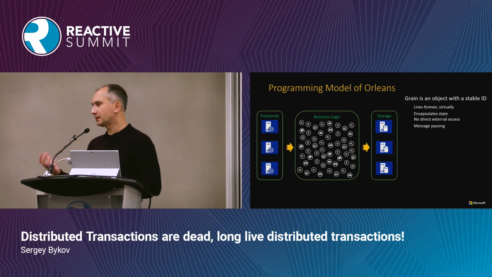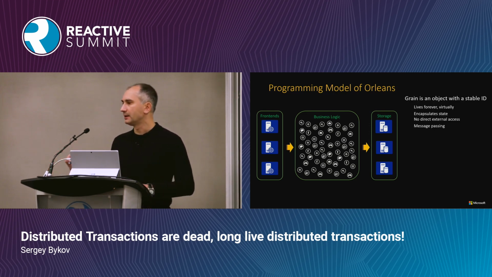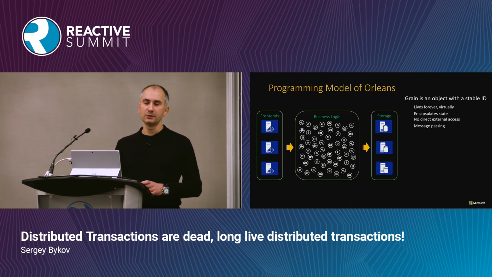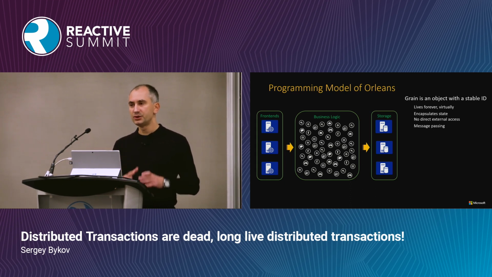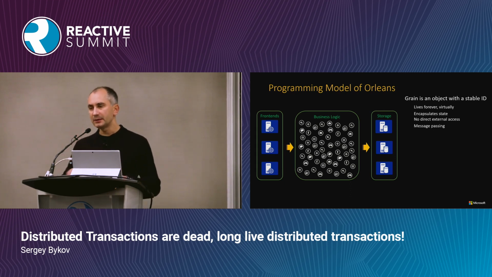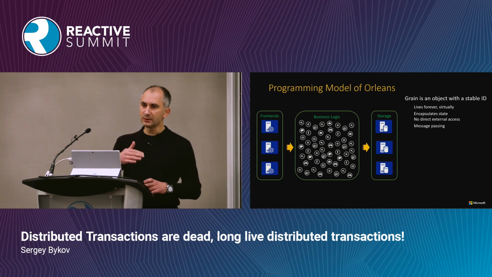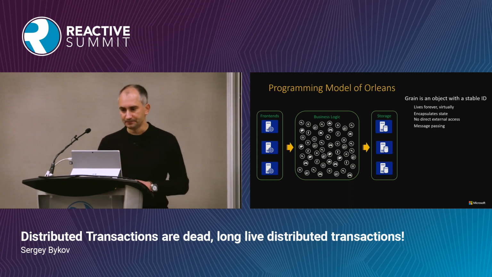For example, if you model a user as a grain, you can have an email or phone number or social security number as the key. That's the stable identity. And then by knowing that identity, you can always get the reference to that grain and make a call. And it's the job of the Orleans runtime to create an instance of that object somewhere in the cluster, process your request, hold it in memory while you're using it, and then remove it from memory when it's idle.